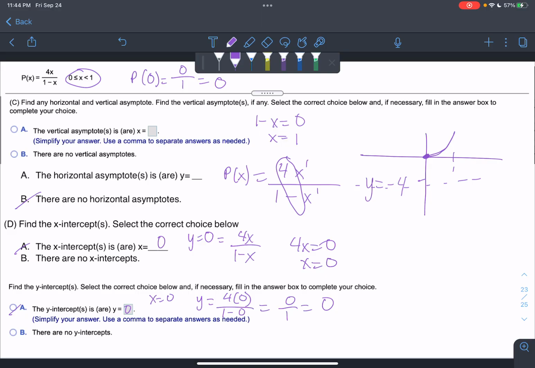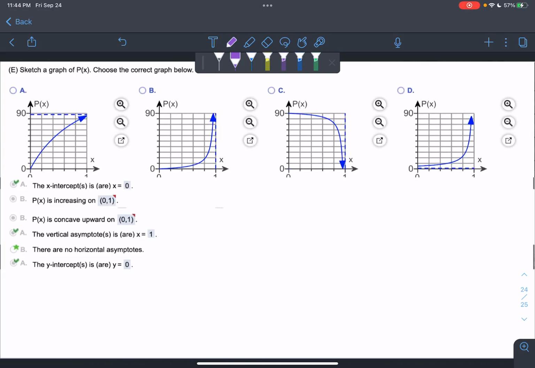All right. So let's put it all together and see what we got as far as making a graph. We know that the x-intercept is 0, and so is the y-intercept, so this means that we have the point 0, 0, as I mentioned.